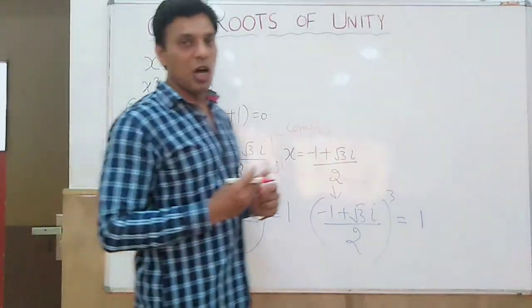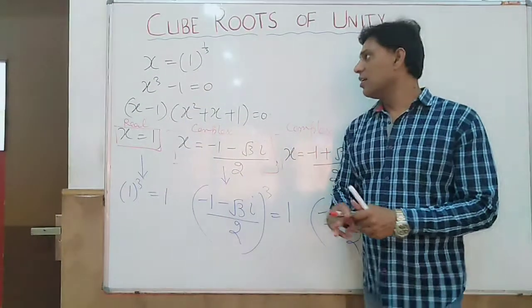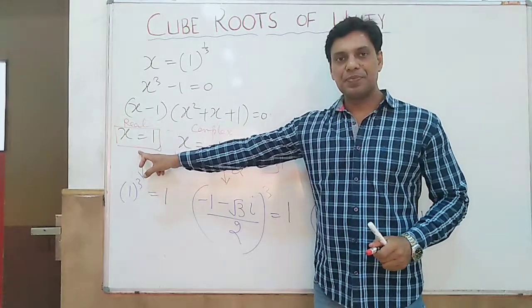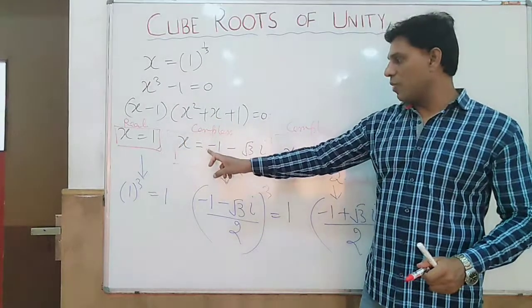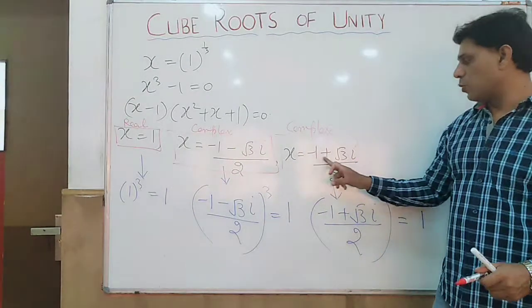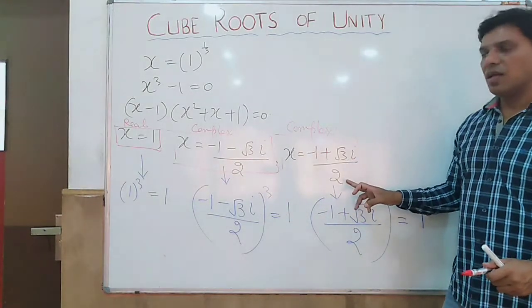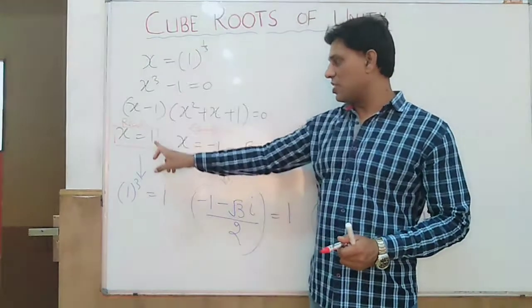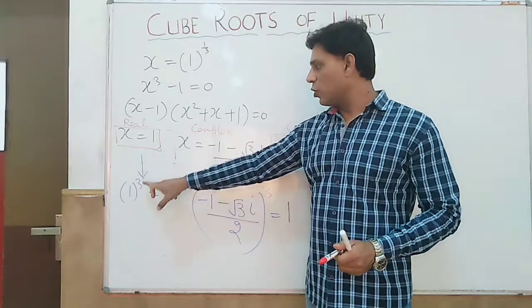There are 3 cube roots of unity: number 1 is 1, number 2 is minus 1 minus under root 3 iota upon 2, and number 3 is minus 1 plus under root 3 iota upon 2. You can verify it: if it is a solution of this equation, then cube it. 1 cube is equal to 1.